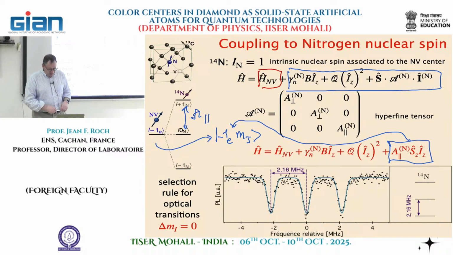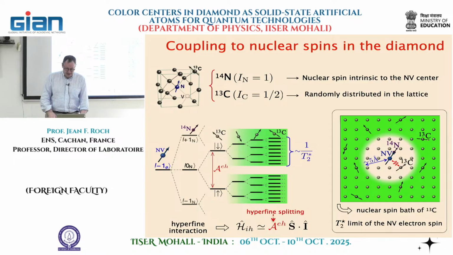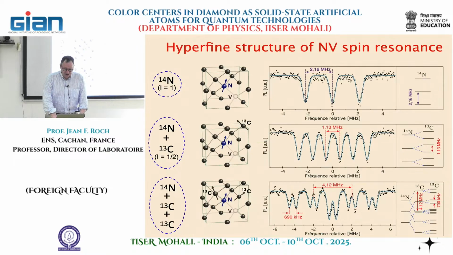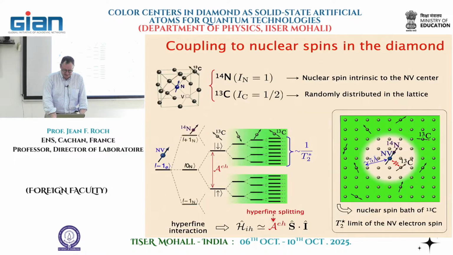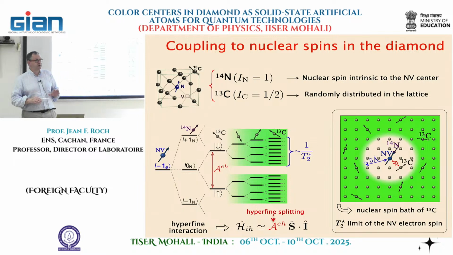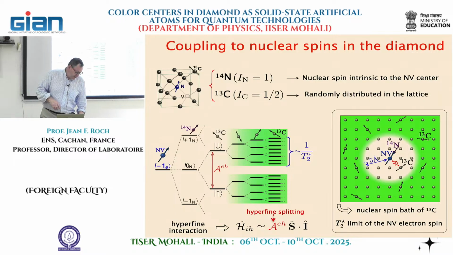Okay? So if we now look more carefully at that, I can show you this system, and I will come back to that later on. That's for the nitrogen spin. For the nuclear spin, it's much more complicated. You have somehow 2 types of coupling to the NV. You have first carbon impurities with carbon-13 that are close to the NV, and in that case, they will shift.